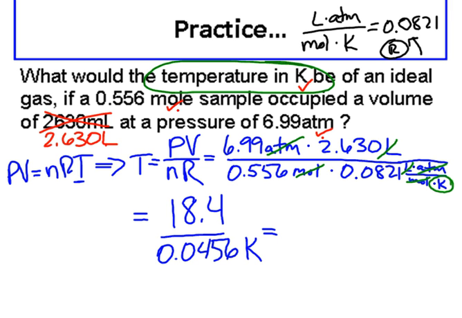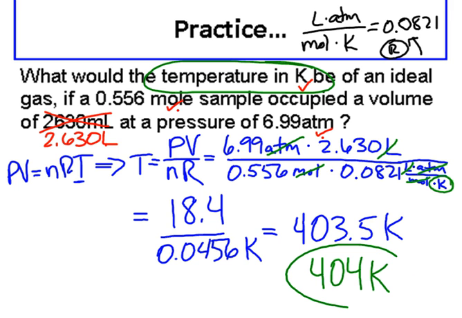I do my final calculation, 18.4 divided by 0.0456. My final answer will have 3 sig figs, and it would be 403.5 Kelvin, but I need 3 sig figs, so my final answer is going to be 404 Kelvin.